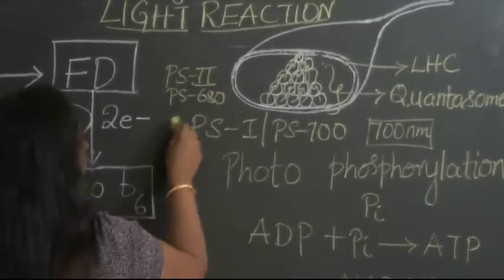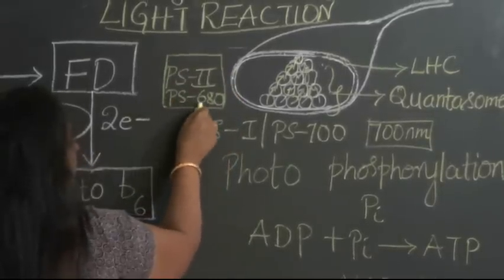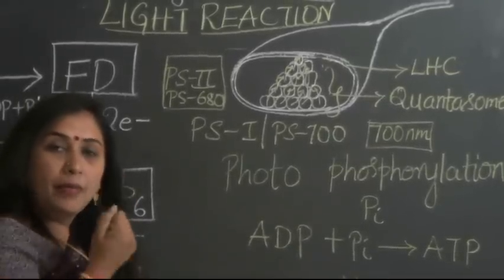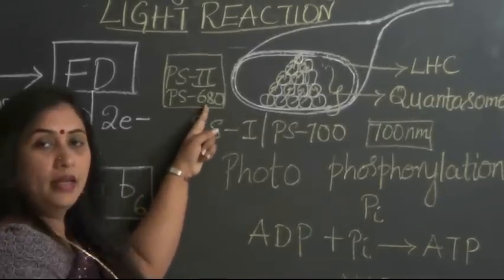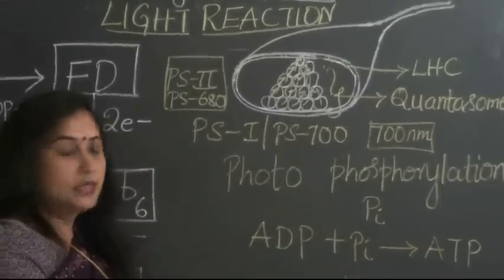Now what does this mean? Yes, you are right. It means this chlorophyll A molecule has the ability to trap sunlight of wavelength 680 nanometers. So like that, different photosystems have been recognized.